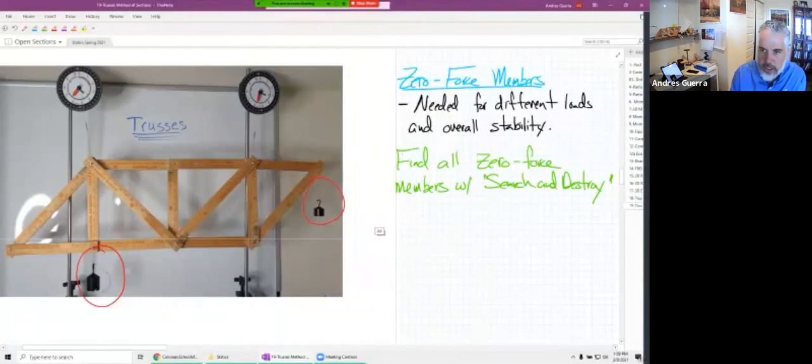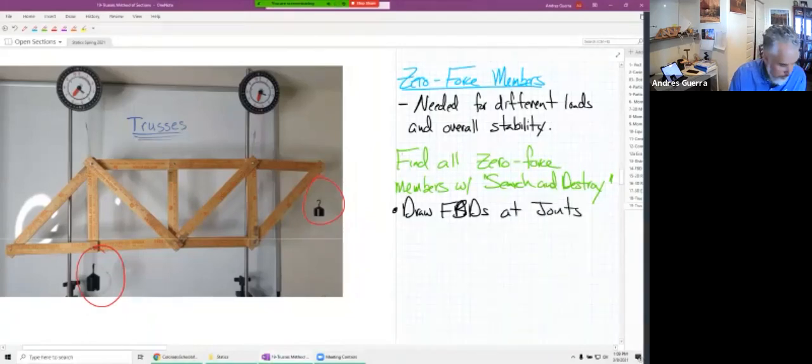What we're going to do with this search and destroy is draw FBDs at joints that meet the following conditions.